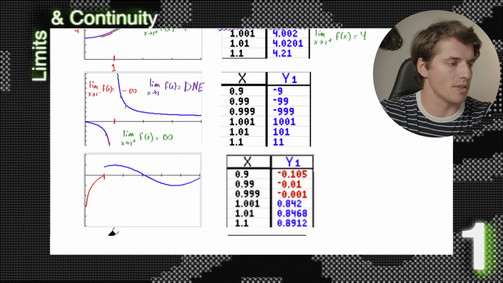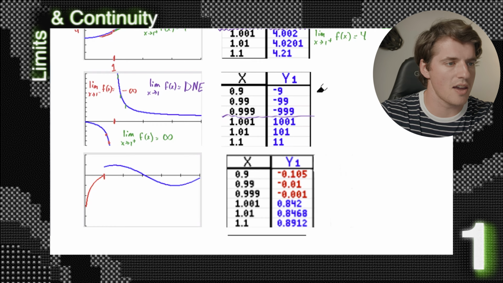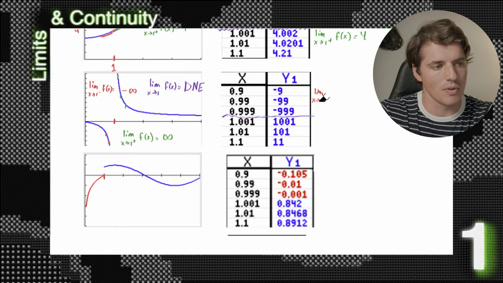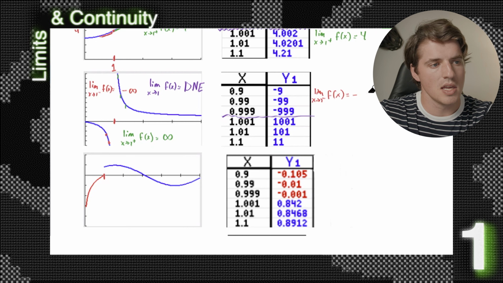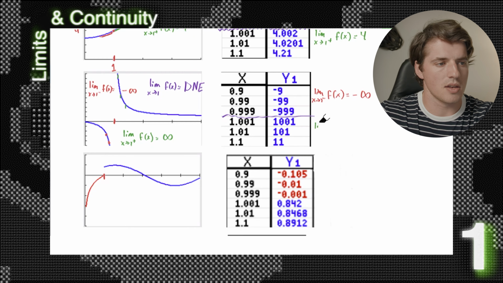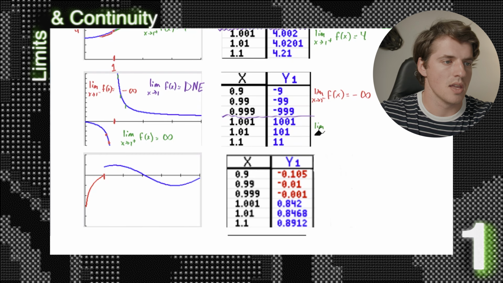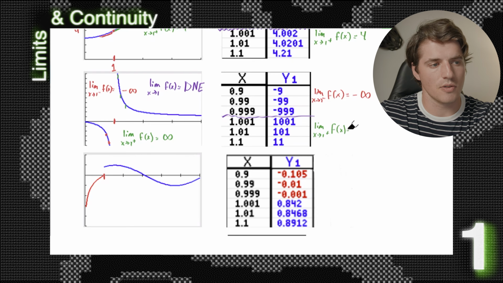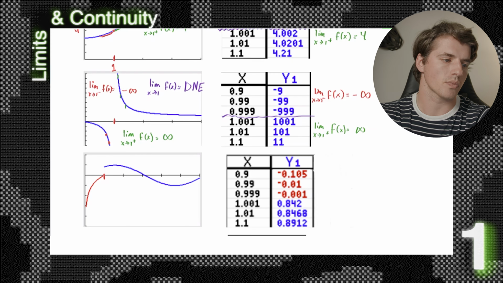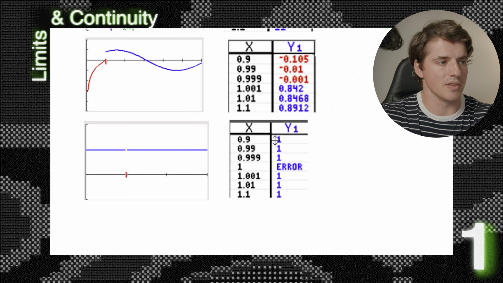So we can see that the limit from the left, and I know I've already written it, but just so that we say we're doing it from the table too, it's negative infinity. And on the right side, you see we're at 11, then 101, then 1001. So we are getting bigger faster. We're going to infinity here. Okay, so we did not have a limit on the second one.